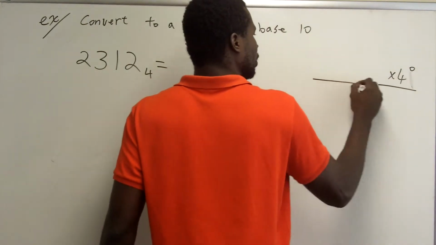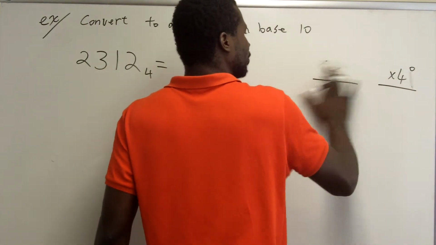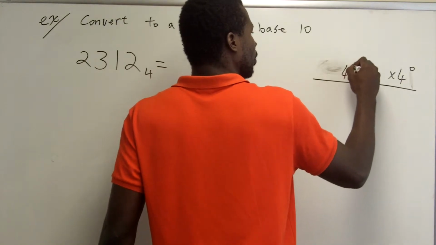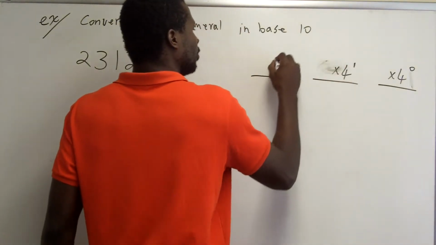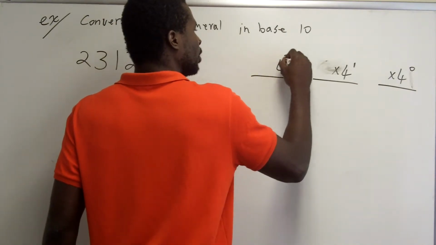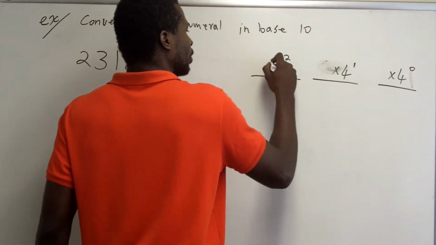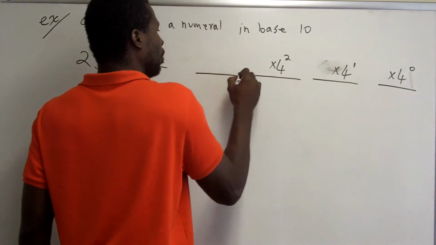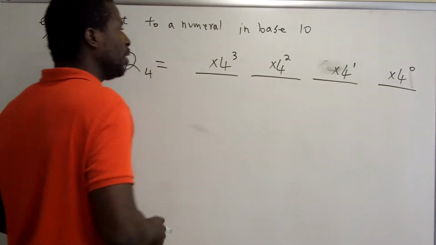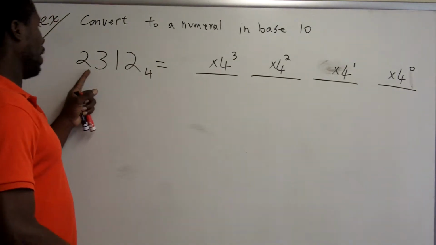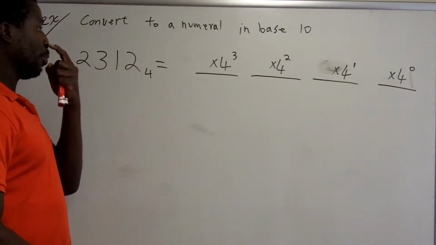The second is 4 to the first power. The third is 4 to the second power. And the fourth is 4 to the third power.